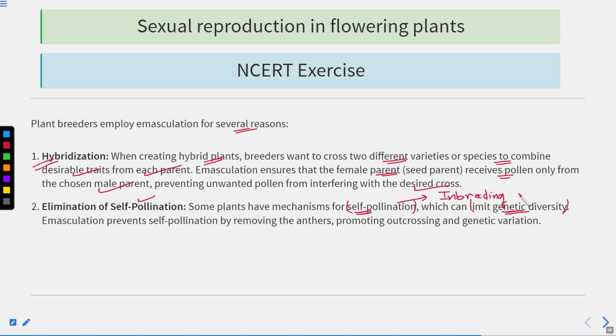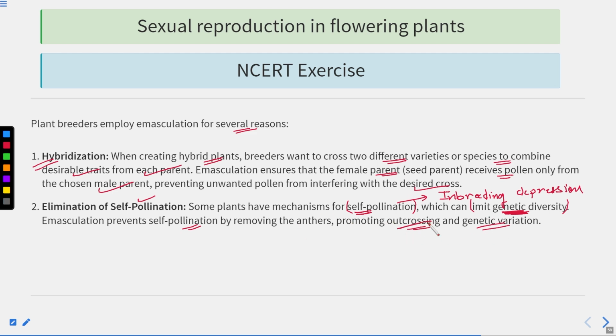This will limit the genetic diversity. Whereas cross-pollination will promote genetic diversity and genetic variation. Now, emasculation prevents self-pollination by removing the anthers, promoting outcrossing and genetic variation.